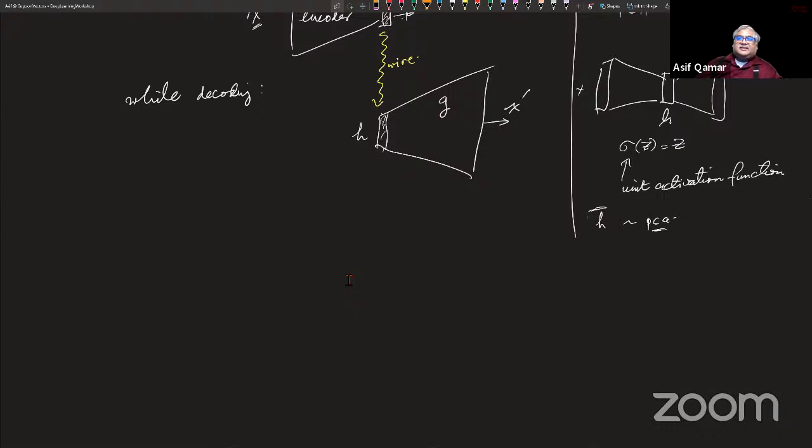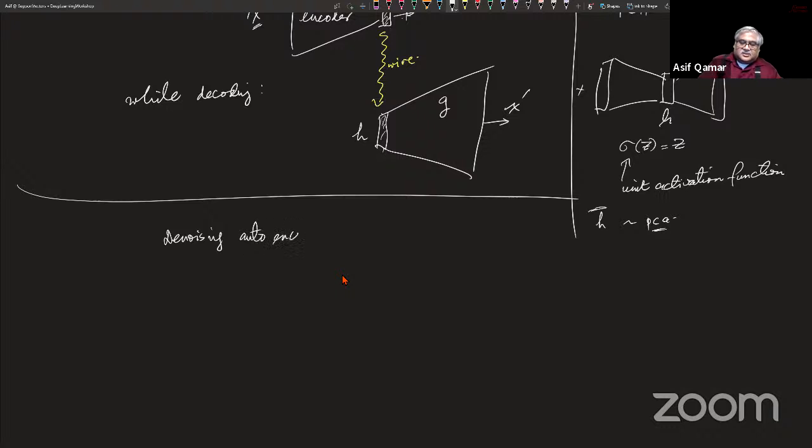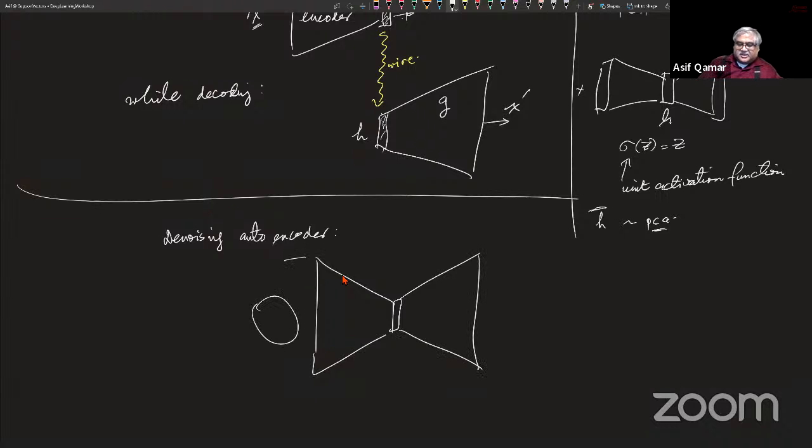So one of the examples we talked about is the denoising autoencoder. In the denoising autoencoder, you have the same autoencoder architecture. It doesn't change, but you add one extra layer. Let me just call it the noise injector.